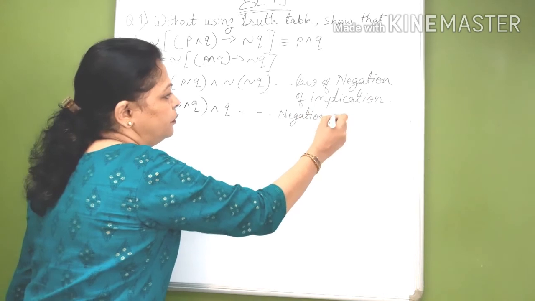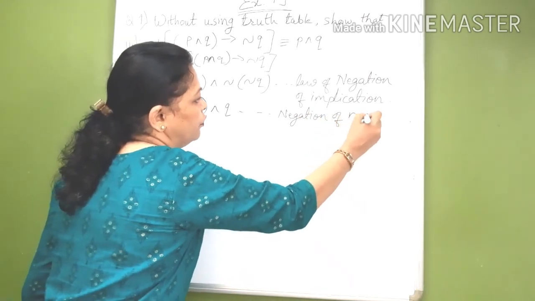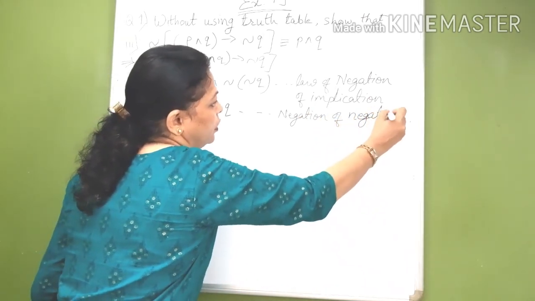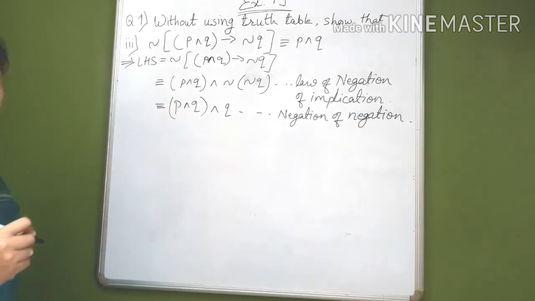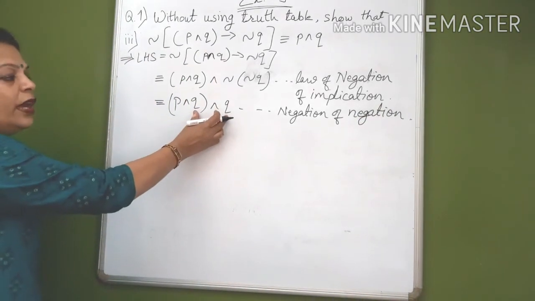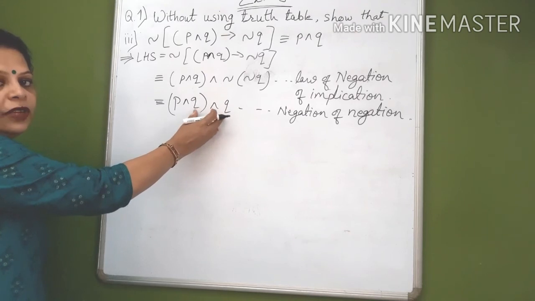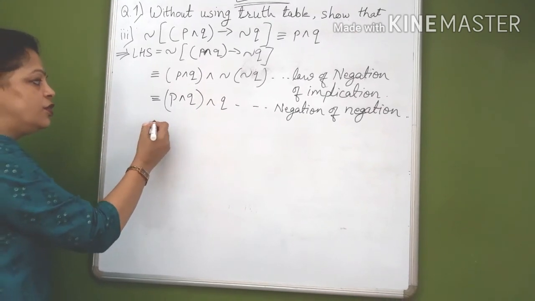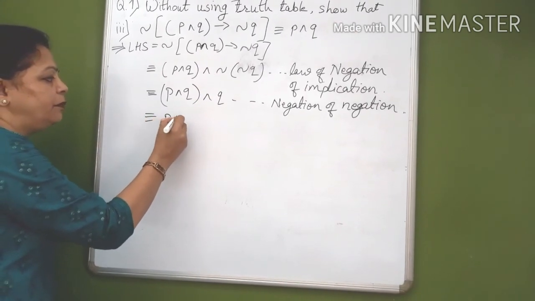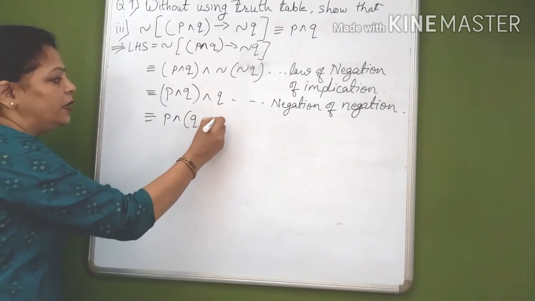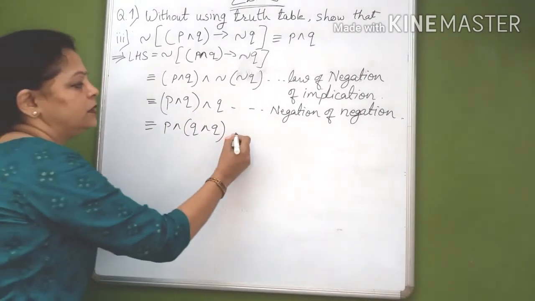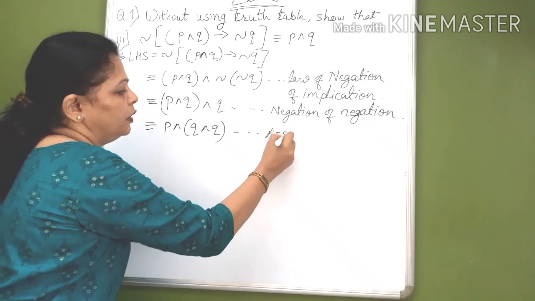Very simple sum. Now what you can do? Put this Q and Q in one bracket, using which property? Associative. So you get P and (Q and Q). This is your associative property.